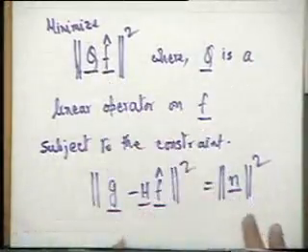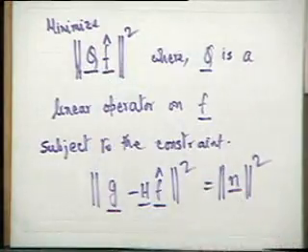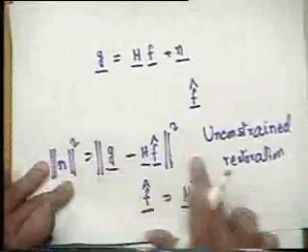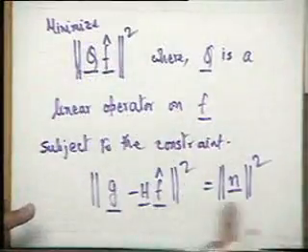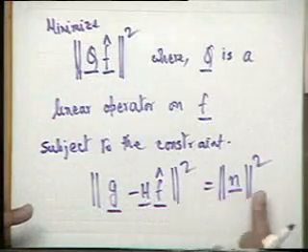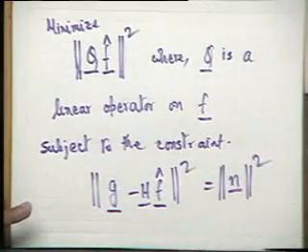So this we are now putting as a constraint. In the earlier case we were putting it as an unconstrained problem by directly minimizing this, and now we are formulating it into a constrained problem where we are minimizing Q f hat squared under the constraint G minus H f hat squared equals n squared.